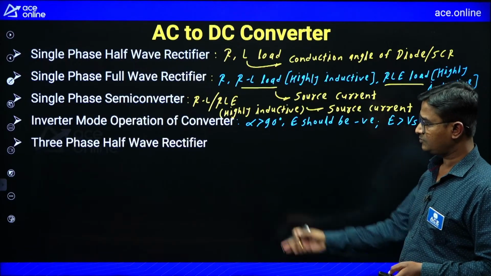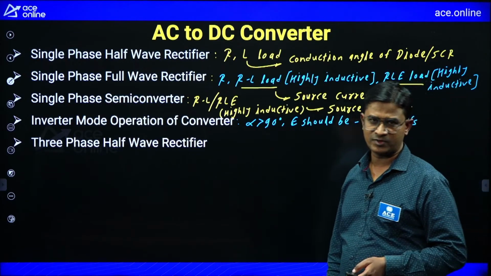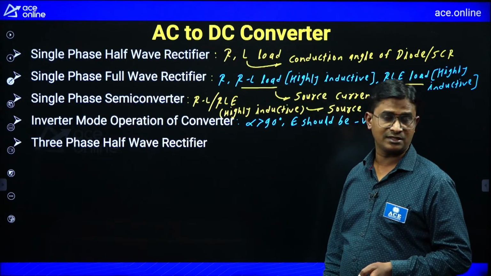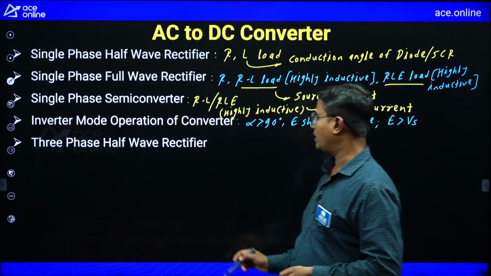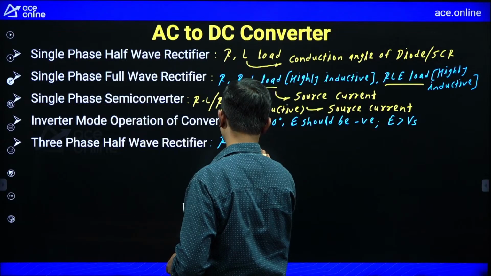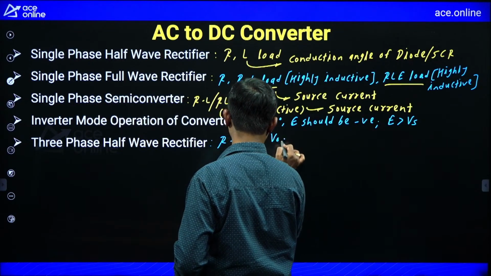Next, three-phase half-wave rectifier. Three-phase half-wave means here we are using three thyristors. On three-phase half-wave, for R load, what is the V0 average expression?